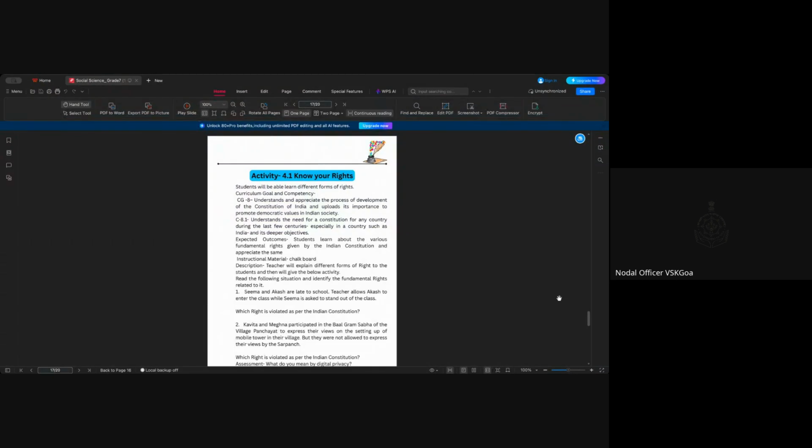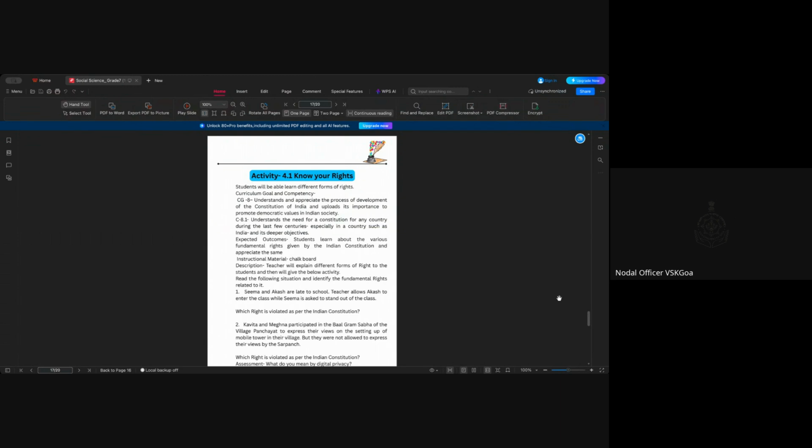Now the question comes, why is this right important, or what is its main objective? It is crucial as it maintains a boundary to protect users from unwanted intrusions and manipulation of data, and protects one's personal security. Such information should be provided to the learners by the teachers.